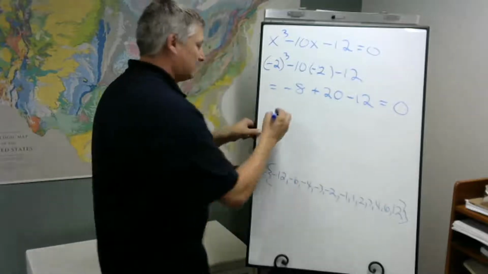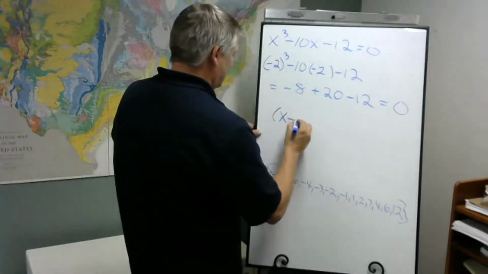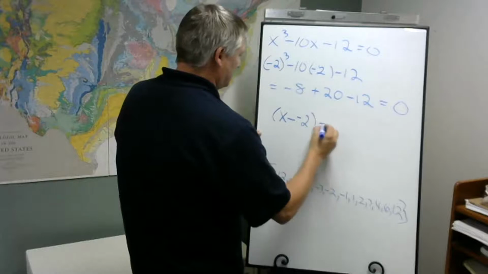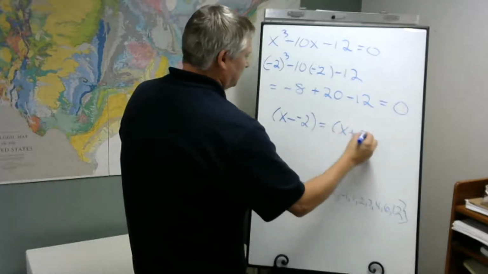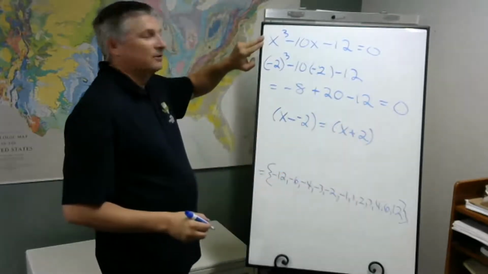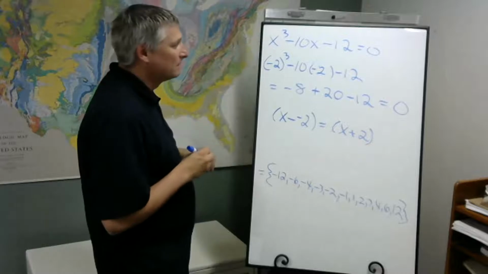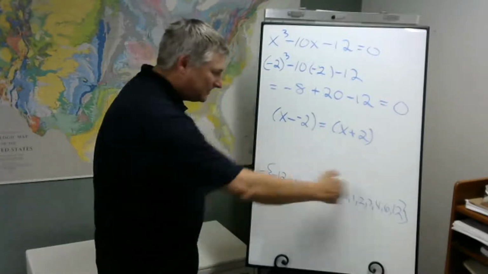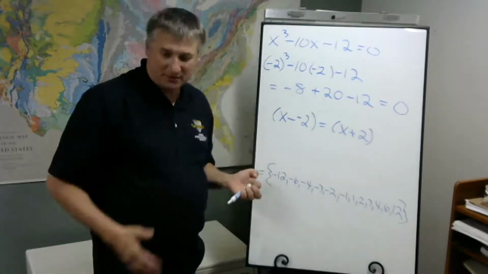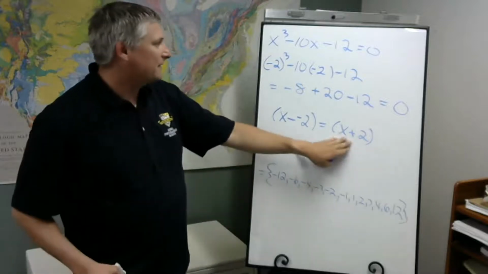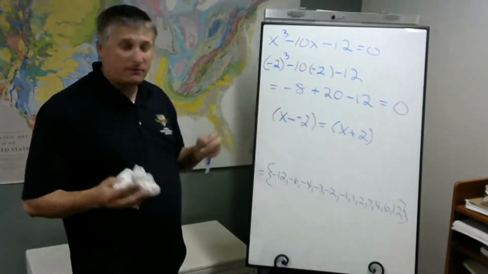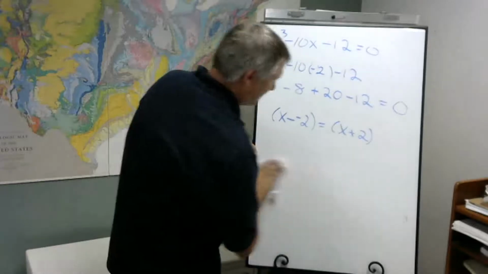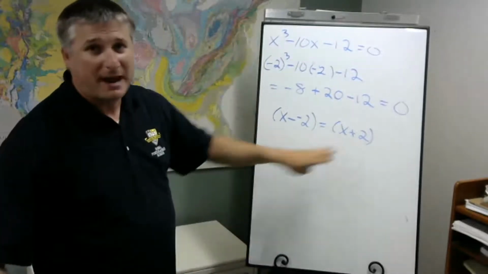That means x minus negative 2, or x plus 2, is a factor of that polynomial. So instead of testing these, since there's a bunch to test, I'm just going to divide this into that, because this is a factor.